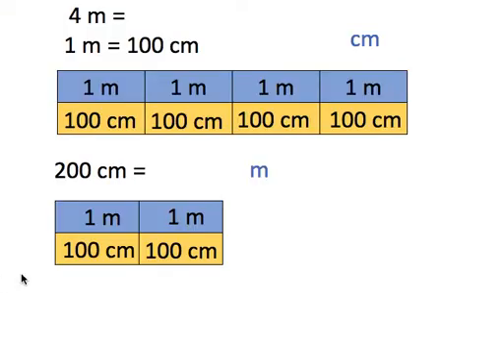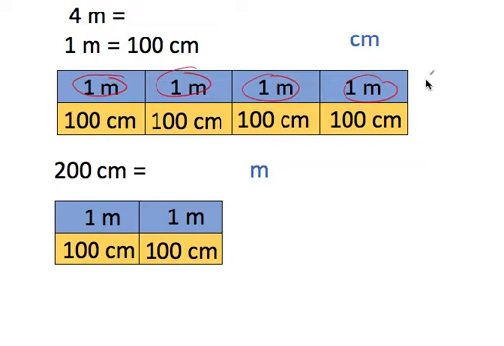Next. 4 meters equals how many centimeters? Pause the video and have a go. Right. We've got 1 meter, 2 meters, 3 meters, 4 meters, and underneath each one we've got 100 centimeters.